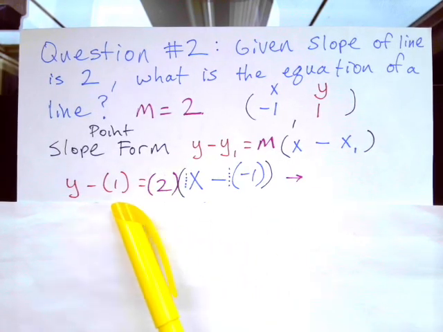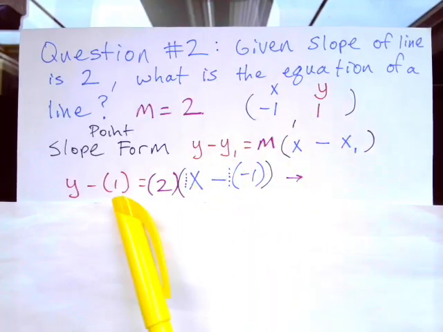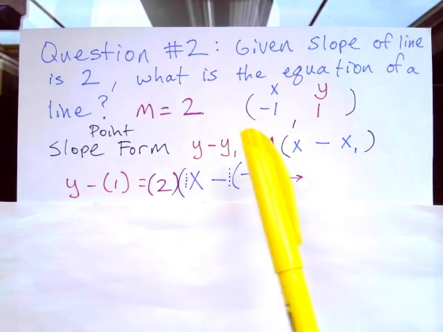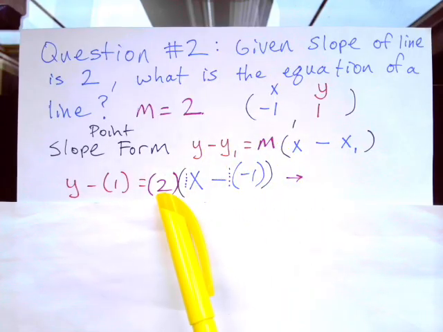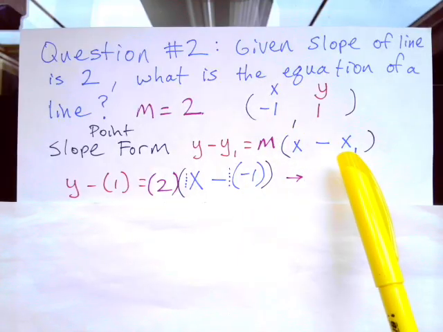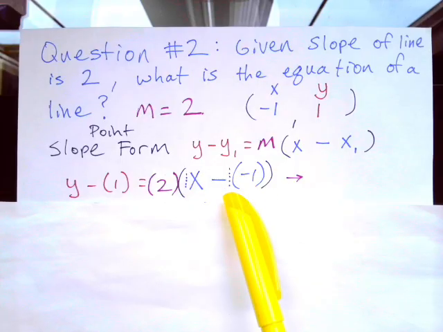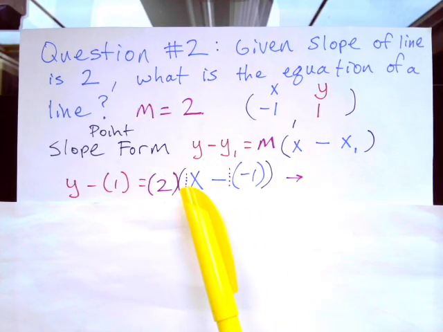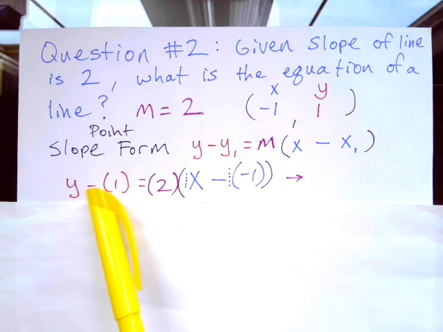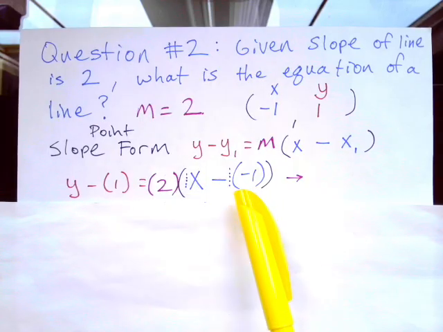Here are those values that I talked about. I substituted my y1 value here. I substituted my slope, which is 2, here. I substituted my x1 value, which is a -1, and then that -1, invisible 1, or subtraction symbols on the outside. So I'm showing my invisible ones. If you're not, and I didn't show it here on purpose because I wanted you to see what happens here.